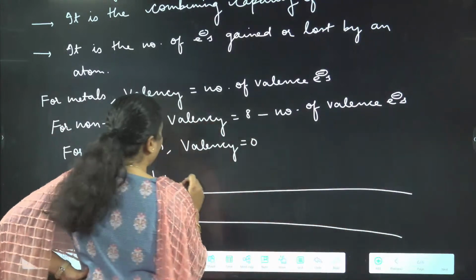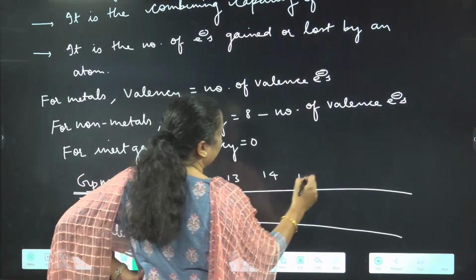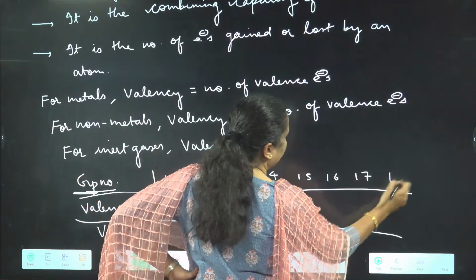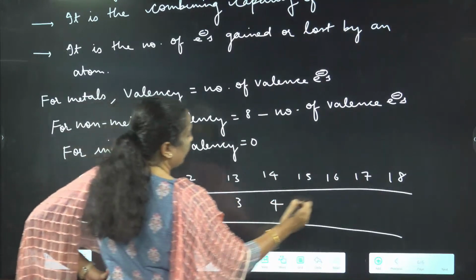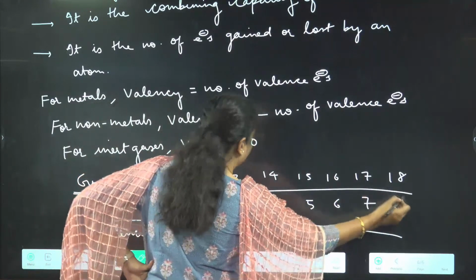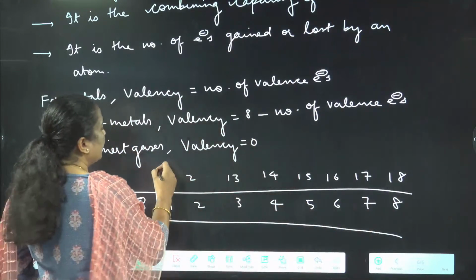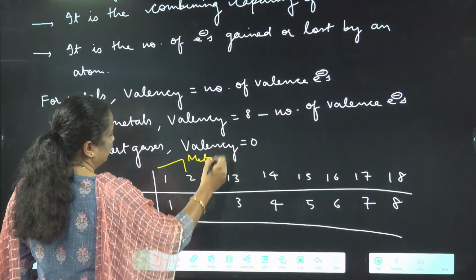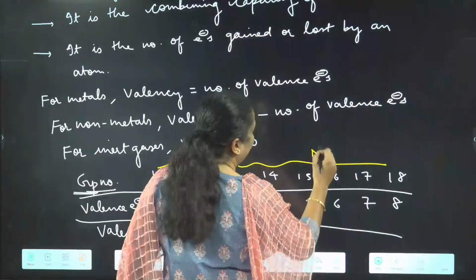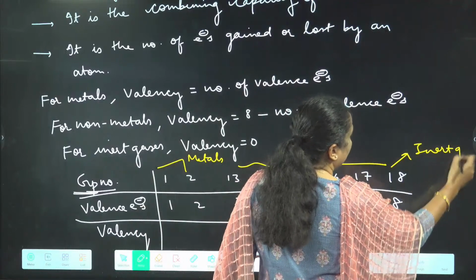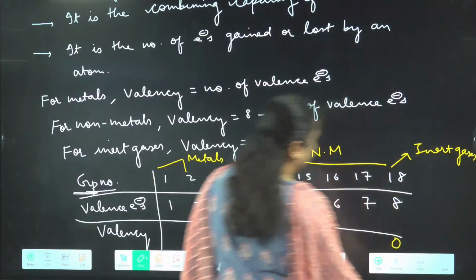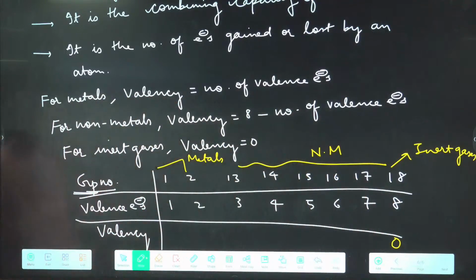So here you are having groups 1, 2, 13, 14, 15, 16, 17 and 18. How many valence electrons? 1, 2 here, 3 here, 4, 5, 6, 7 and 8. What is the valency? These two are basically metals. Here you are finding non-metals. And this is basically inert gases. For inert gases, they are not going to react, not going to lose or gain electrons.